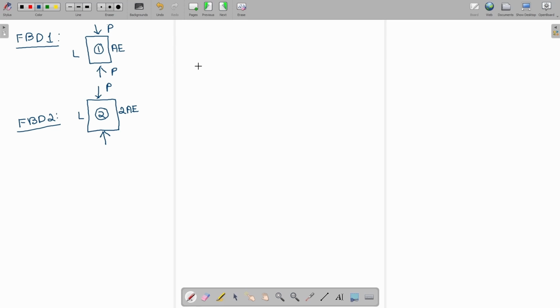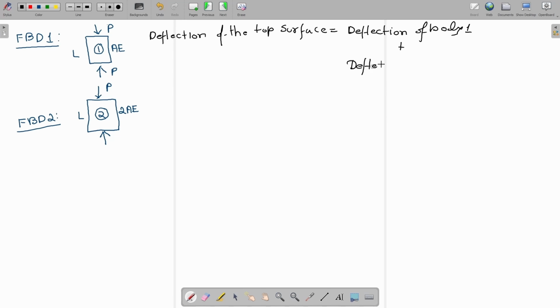Now, the deflection of the top surface is equal to the deflection of body 1 plus the deflection of body 2.